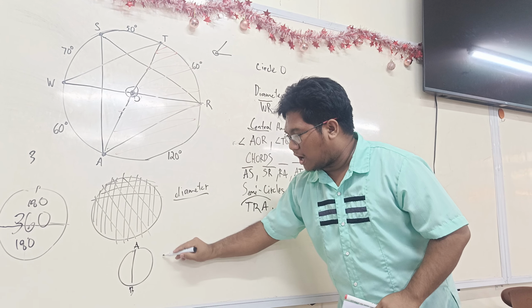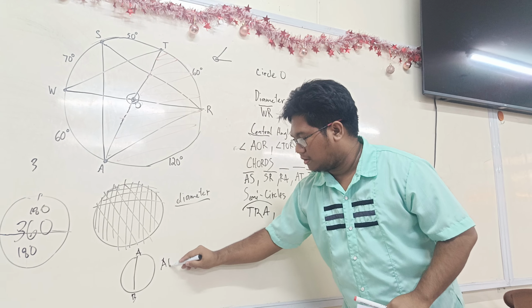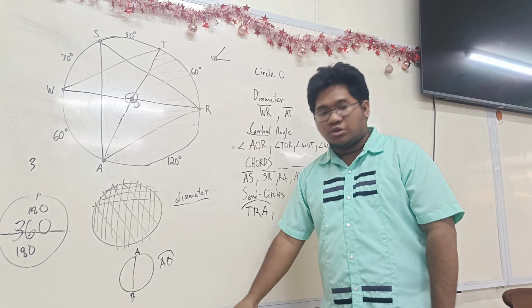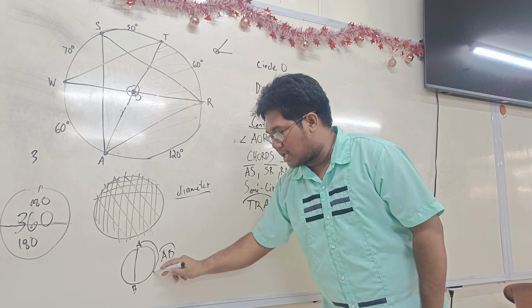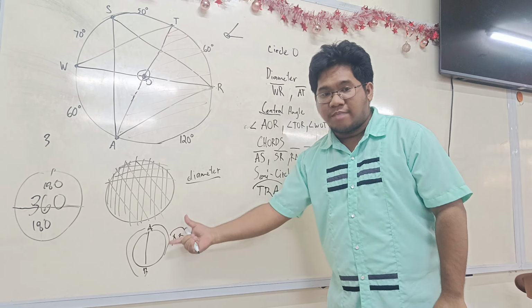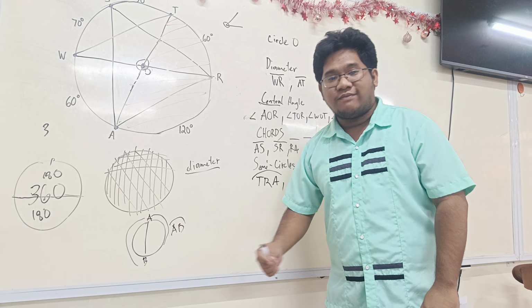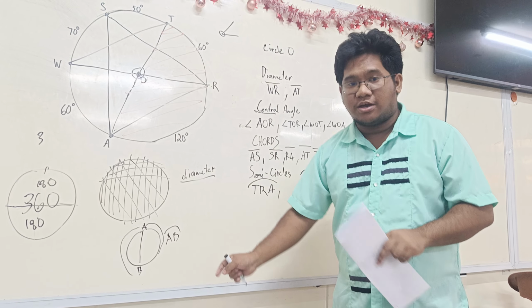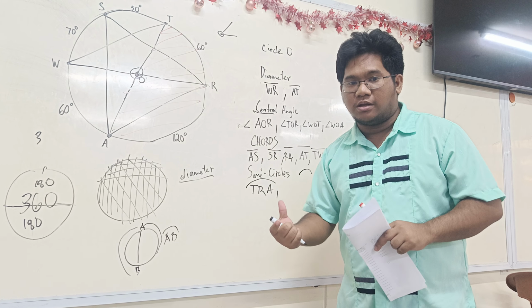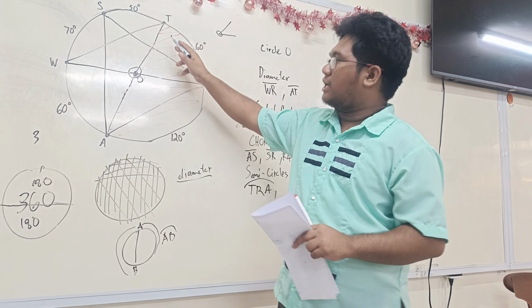Kapag sinabi natin arc AB, hindi natin ma-identify kung ano yung tinutukoy, yung papunta pa dito o papunta ba dito. Kasi parehas na yan. Okay? That's why sometimes kapag may ganito tayo, we have to identify a midpoint para masabi natin or maging specific tayo dun sa pinag-uusapan natin part. Okay? So, let's proceed here.